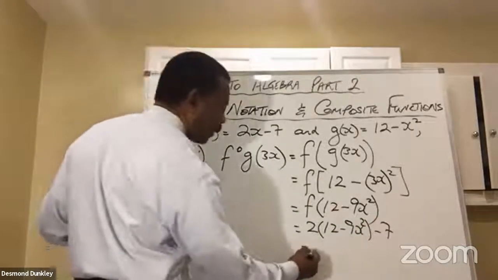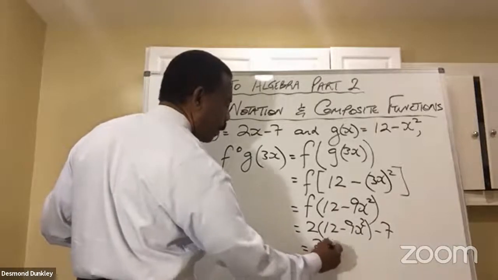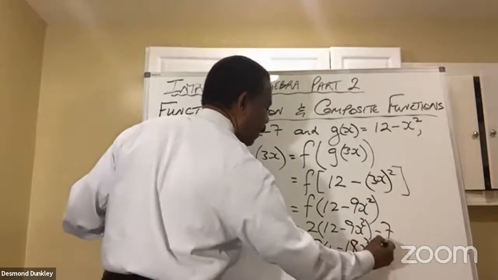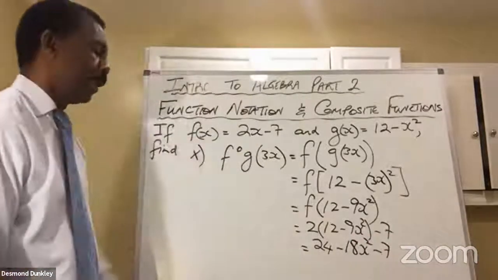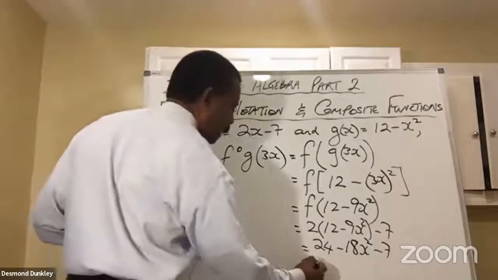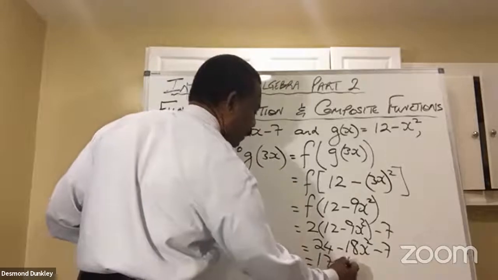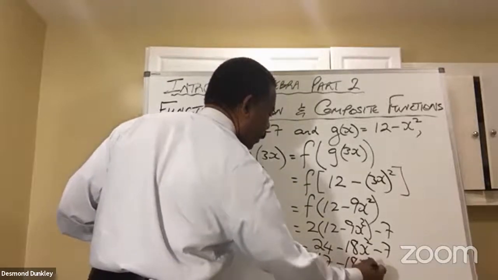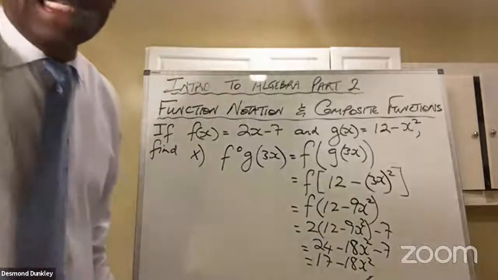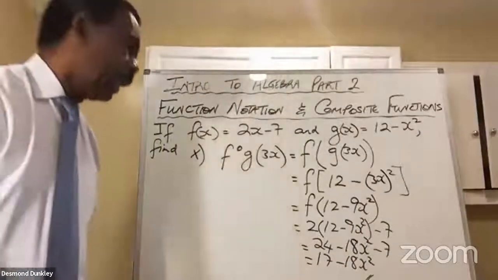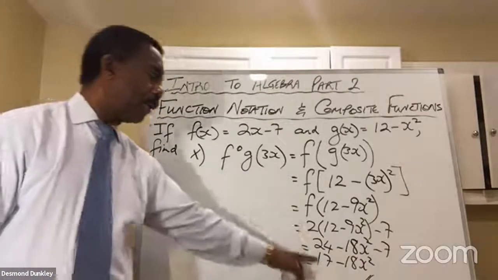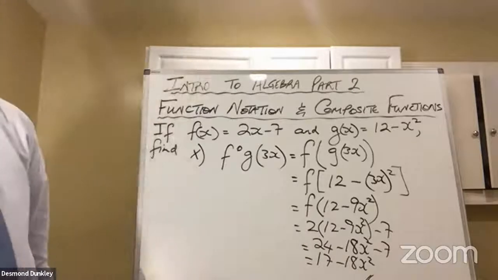And what does that simplify to give us? 2 times 12 is 24 minus 18x squared minus 7. And then 24 minus 7 happens to be 17 minus 18x squared. So that's our final answer: 17 minus 18x squared. That's what this simple thing looking here works out to be.